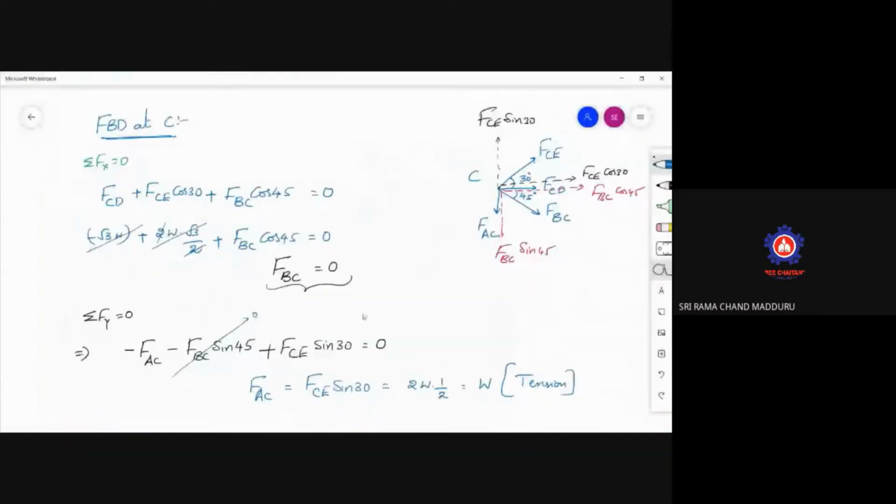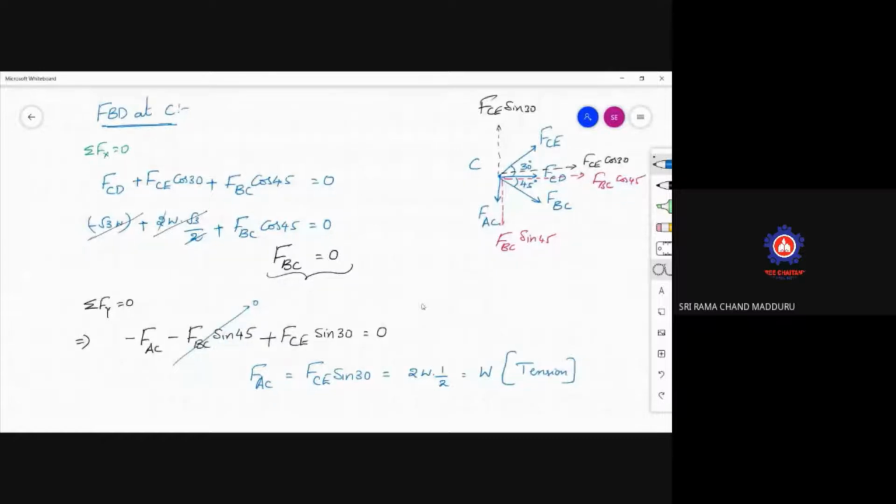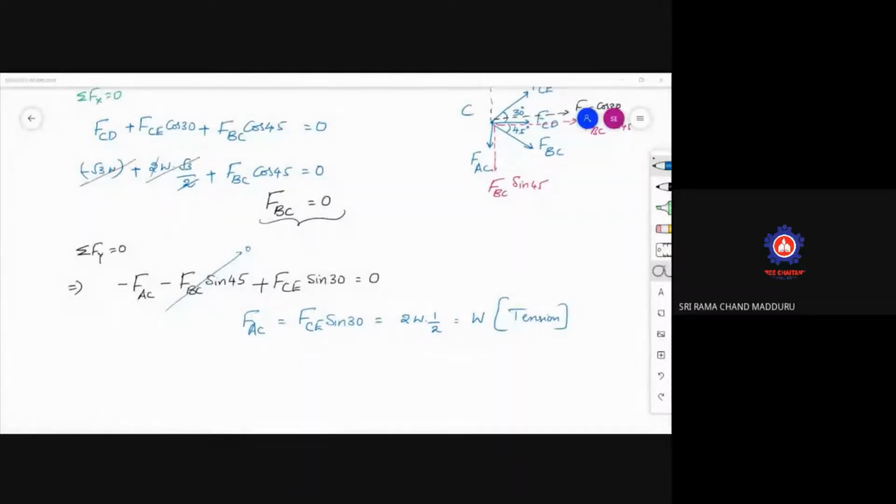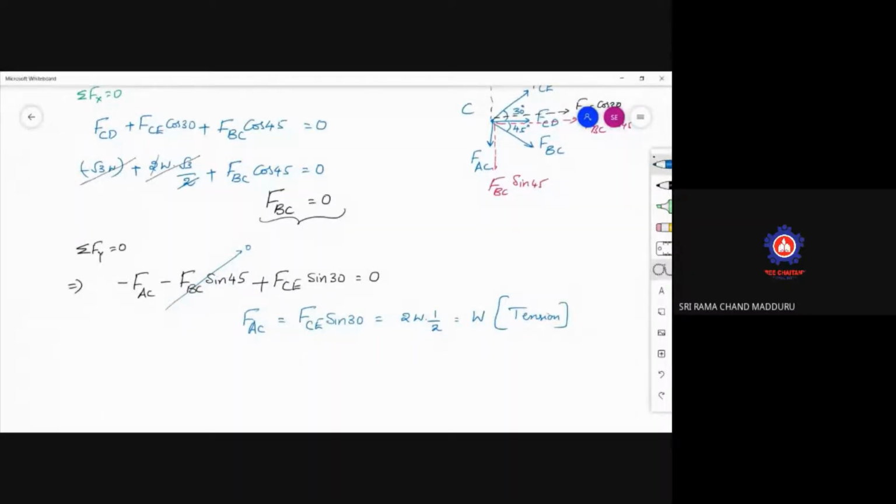Alright. Now, after getting the forces, we will move to the calculation of the deflection.